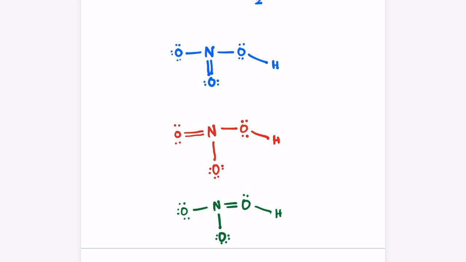And to do that, we must use the idea of formal charge, which works like this. FC, or formal charge, is equal to the number of valence electrons minus the number of non-bonding electrons minus half the number of bonding electrons.